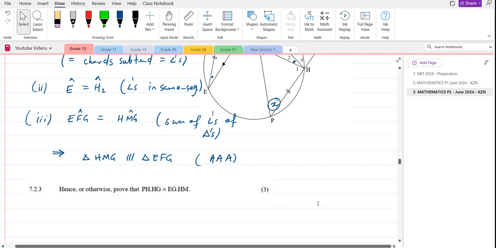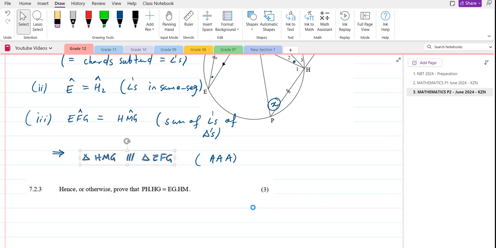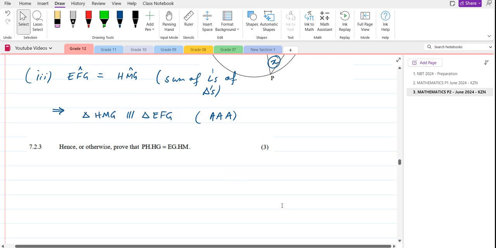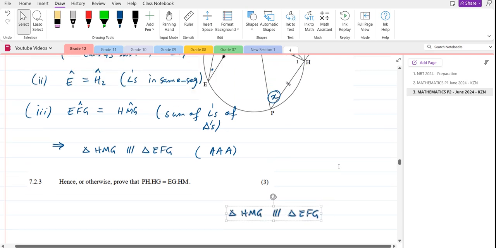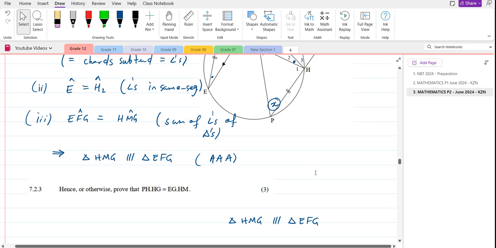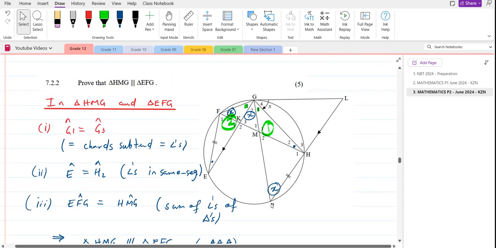So we're going to take this information here and put it here because that's going to be our reason. So what do we want? We want PH times HG.